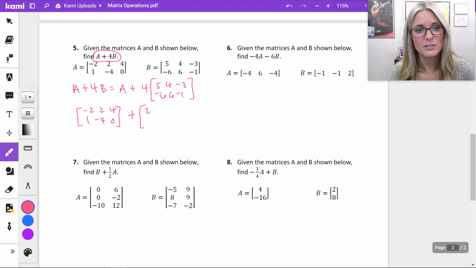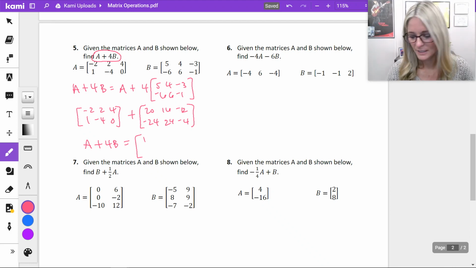So 4 times 5 is 20. 4 times 4 is 16. Negative 12, negative 24, positive 24, and negative 4 would be our new B that we're going to add with it. Final answer, when we get those added together, is going to give us 18, 18, negative 8, negative 23, 20, and negative 4.